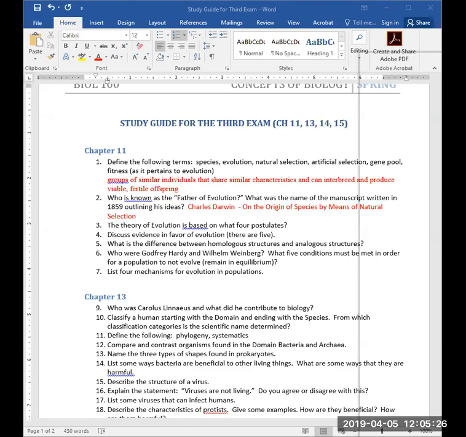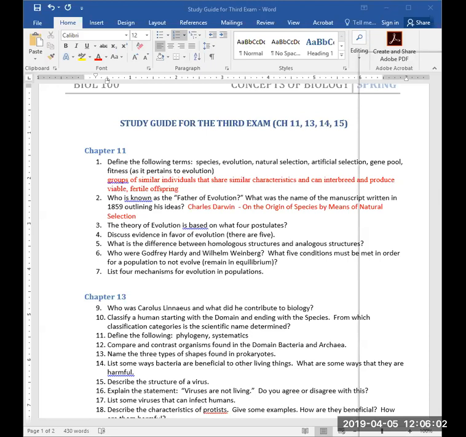Whether an individual lives or dies is not determined by chance or luck. It depends on these characteristics. And when certain individuals have traits that make them more likely to survive and be able to reproduce, then that's called natural selection.